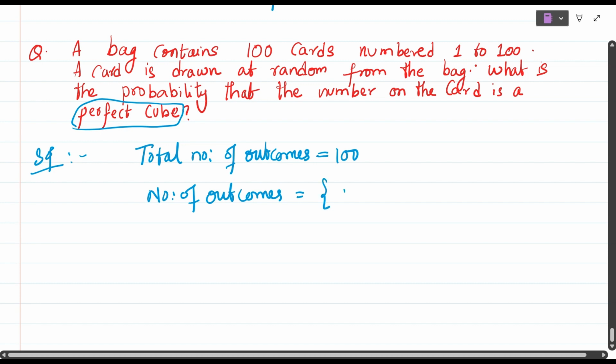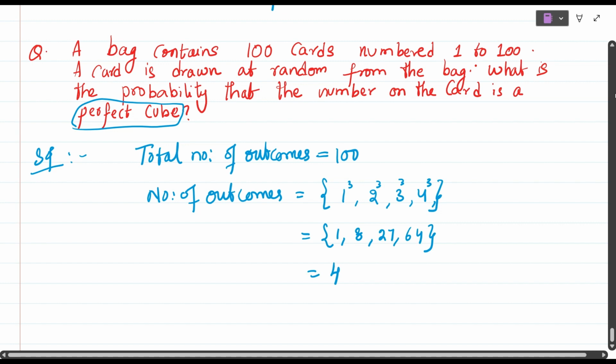So 1 cube gives 1, 2 cube, 3 cube, 4 cube, 5 cube gives 125. So we cannot write. So what are the answers? 1, comma 8, comma 27, comma 64. Right. So how many we got, students? 4. Okay. So 5 cube gives how much? 125.